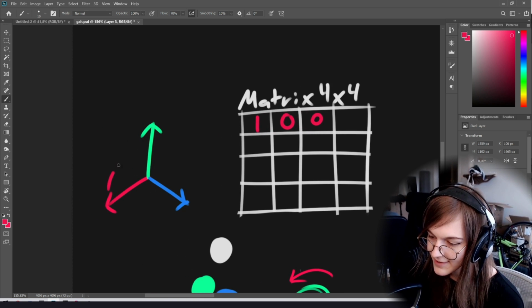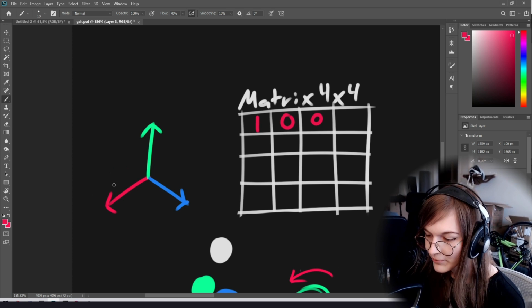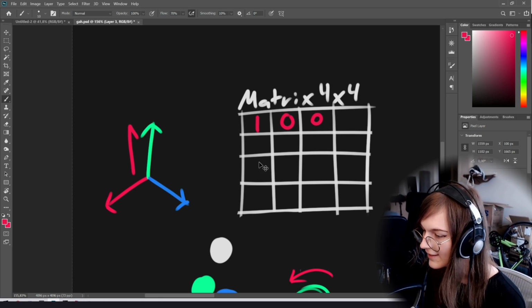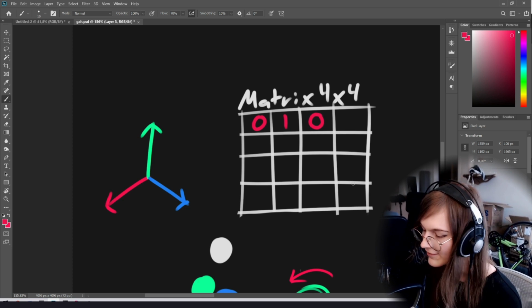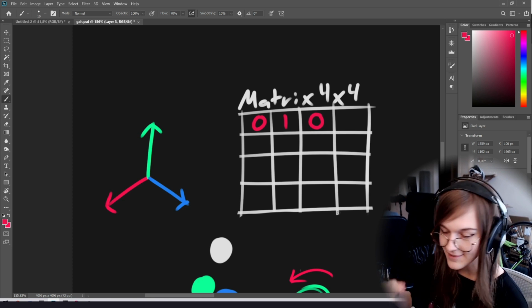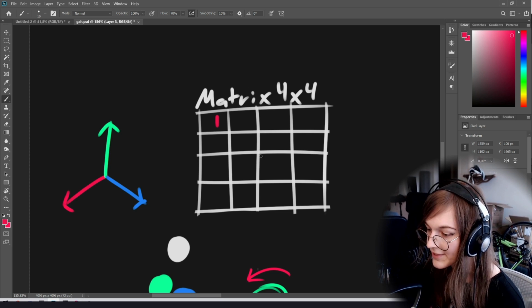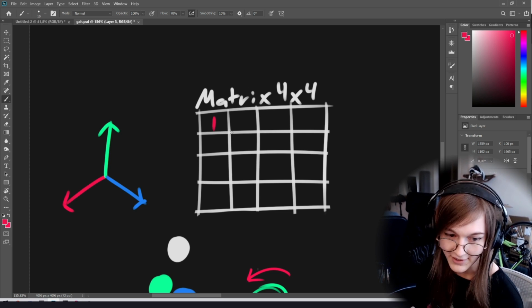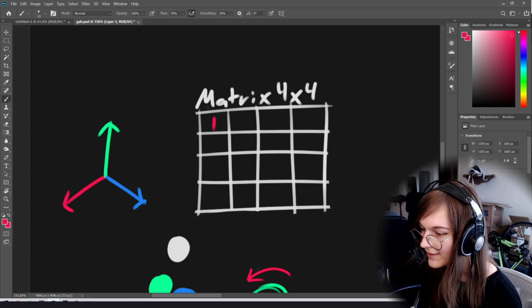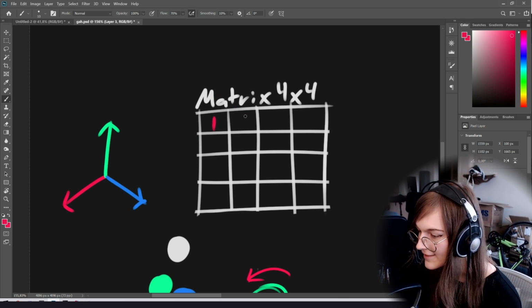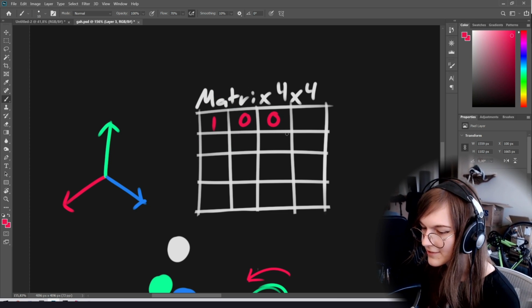If we rotate this whole thing so that x is pointing in this way instead, then it would be 0, 1, 0 for the x-axis. If you want the identity matrix, a transformation that doesn't do anything, then the x-axis is 1, 0, 0.